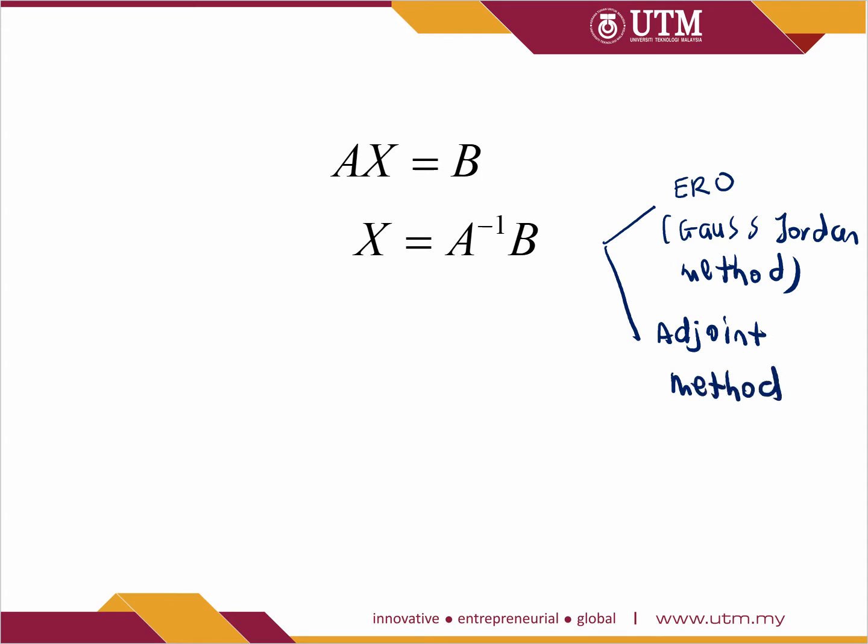These two methods are used to find the inverse matrix of A. After we get the inverse matrix of A, we multiply it with matrix B, then we can find the variables x1, x2 up until xn.